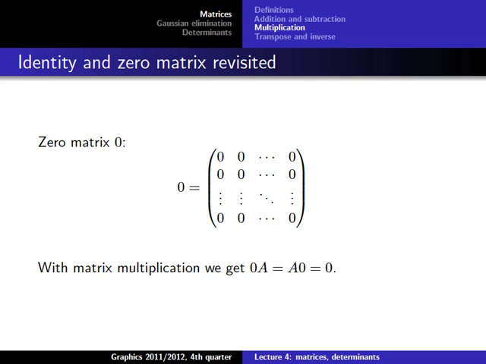If you multiply the 0 matrix with another matrix, you will always get the 0 matrix. Or if you have another matrix and multiply it with 0, you will also always get the 0 matrix, which is another example for a case where it is actually commutative, but only in this very particular case. In most cases, it is not.